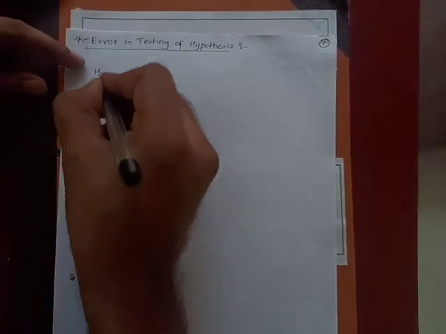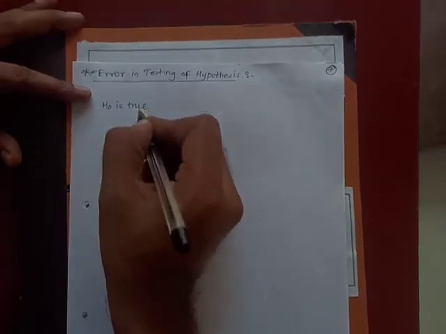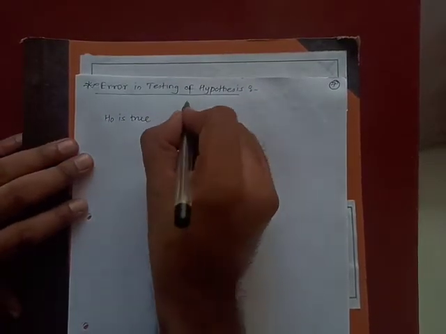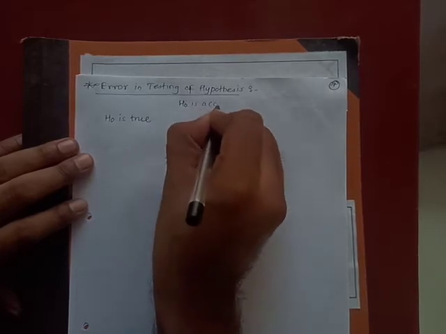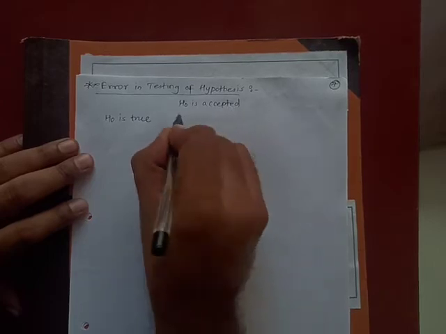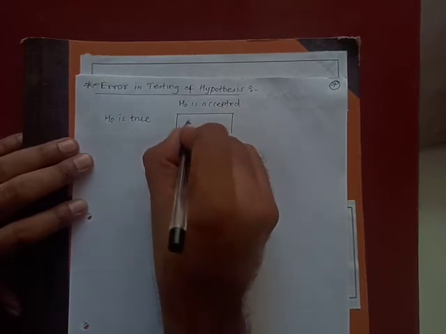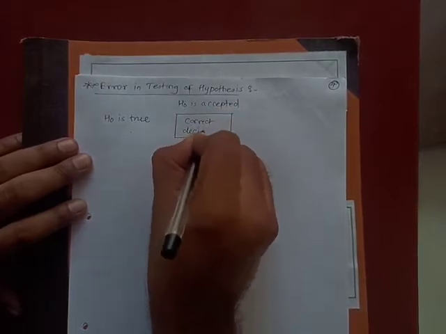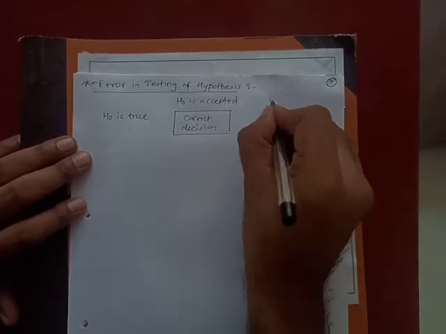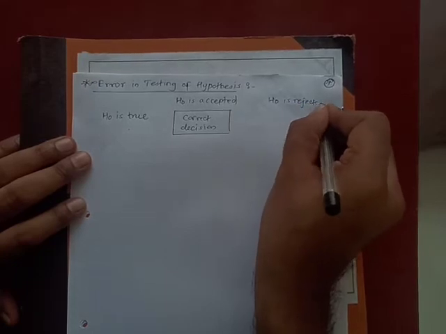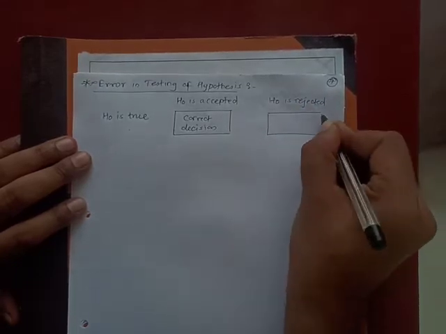Let us say H0 is your null hypothesis. If H0 is true and we accept it, then your decision is correct. But if H0 was true and you have rejected it, then you make a type 1 error.